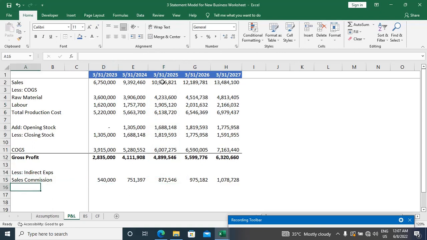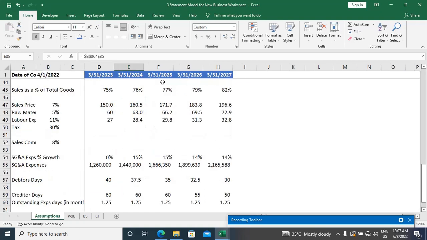So the next thing is SG and A, that is selling, general and administrative. It was somewhere around 12 lakh 60 or something. Yes, it was 12 lakh 60, SG and A expenses, that is selling, general and administrative expense.